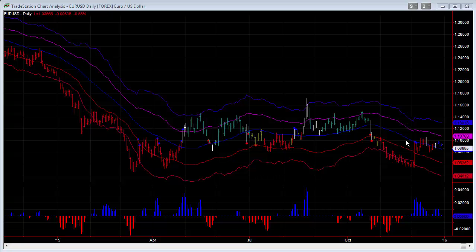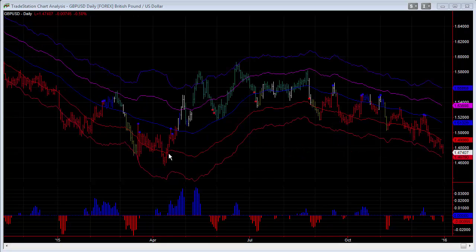Let's take a look at a few other currencies, and we'll then put it in the context of the colored bars that we created. All right, now we're taking a look at the pound dollar. The bearish trend occurred in late 2014. January, again, the market was very oversold.